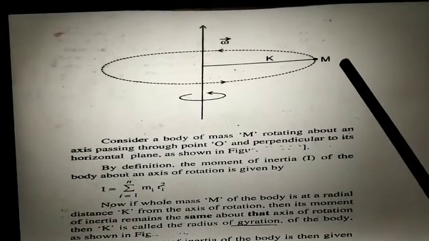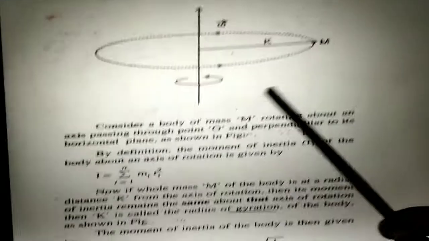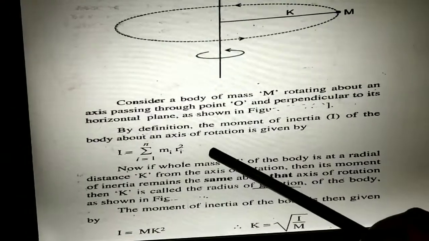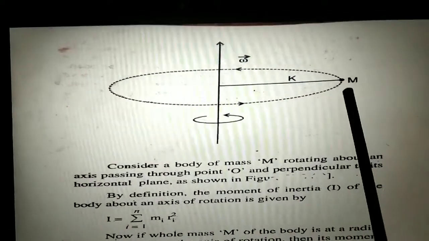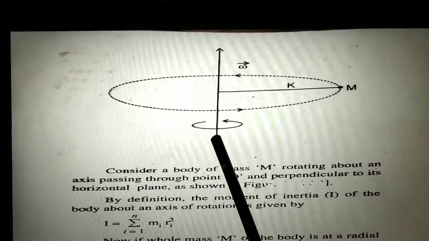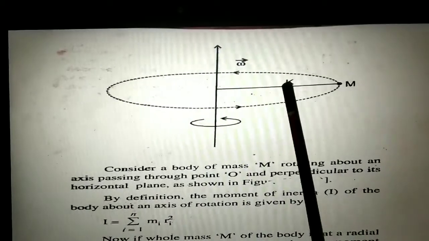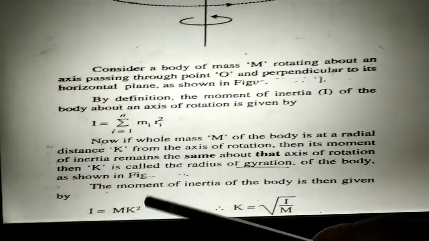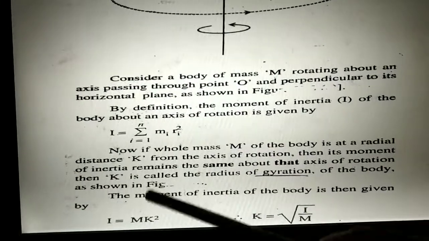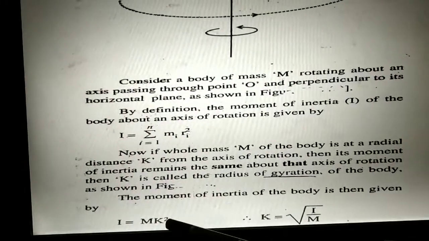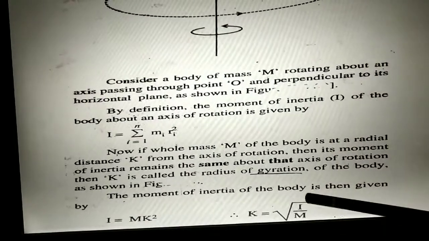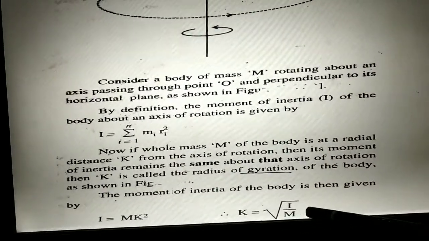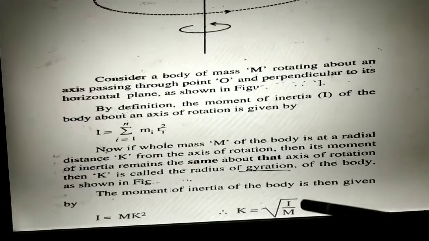Here your whole mass is substituted by capital M, so you write M. R is the distance of the particle from the axis of rotation. In this diagram the particle is over here and the axis of rotation is here, so the distance between them is K. So instead of r_i squared you write K squared. From this equation you can write, therefore, K is the square root of I upon M. So this is the formula for the radius of gyration.